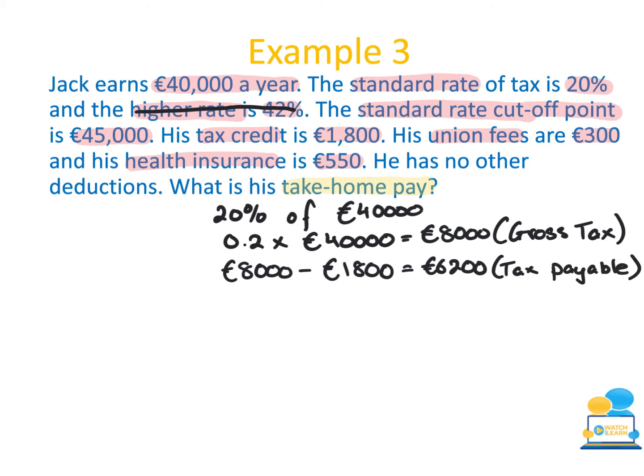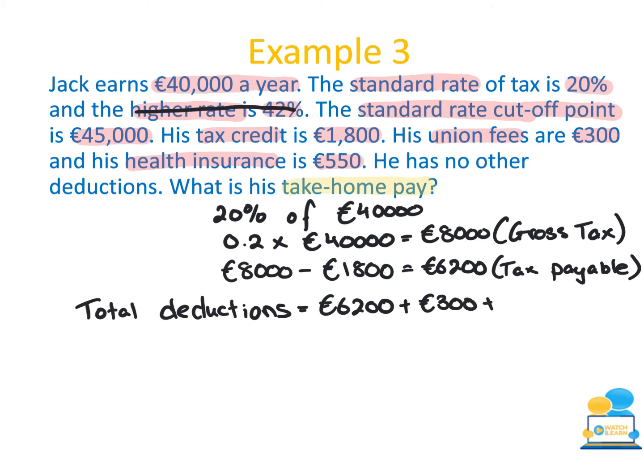So we now know how much tax he has to pay. We also know that he has to pay his union fees and his health insurance. So the total deductions that he's going to have coming from his salary is going to be €6,200 plus his union fees of €300 plus his health insurance of €550.